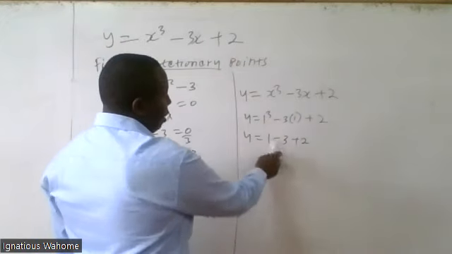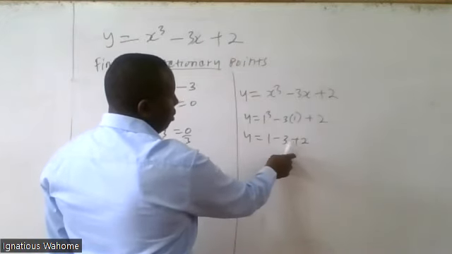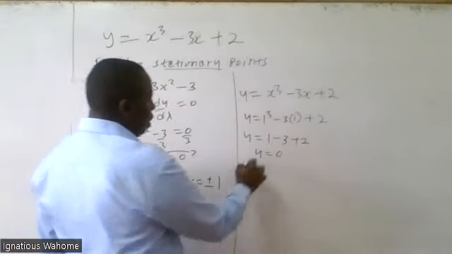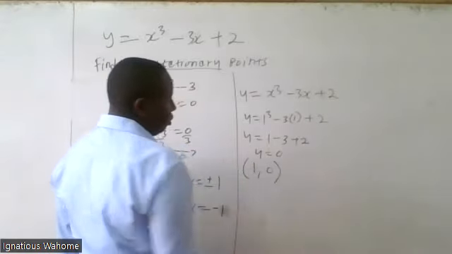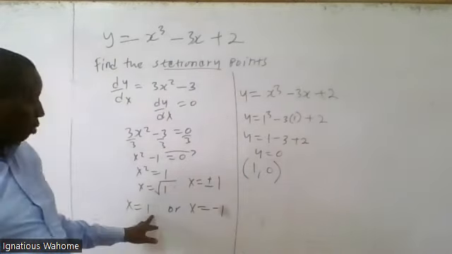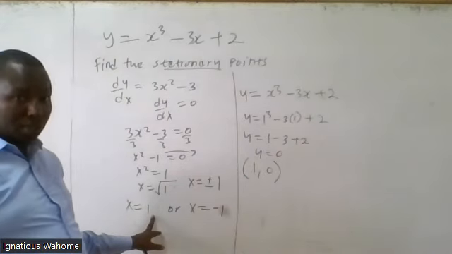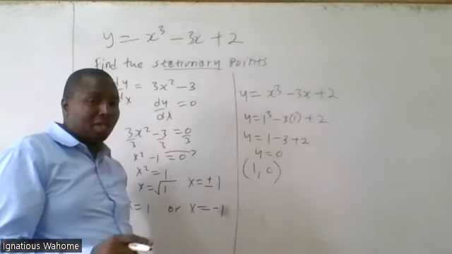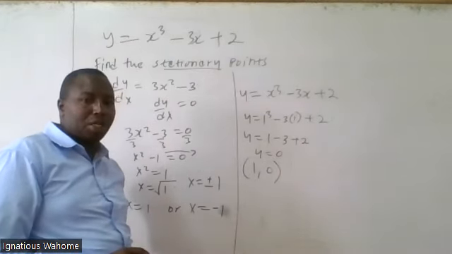That's 3 minus 3, so y is 0. So one of the points is (1, 0). That's the first stationary point.